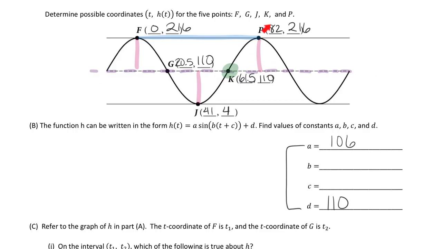If our highest point is 216, 216 minus the midline is 106. Let me give you the colors back because I'm using the wrong colors. This was 106. This is 110.